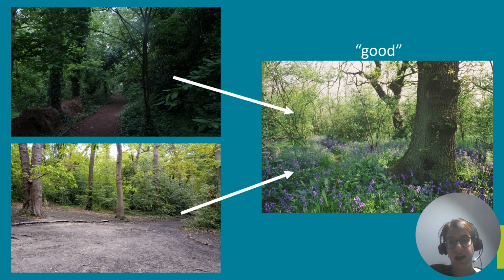So if you see yourself, you have actually made a condition assessment without having any more technical knowledge of a woodland. And this is, for instance, an example of what I mentally have in my mind when I think of a good woodland. You can see that you have all the layers. You have a ground layer of vegetation on the ground.